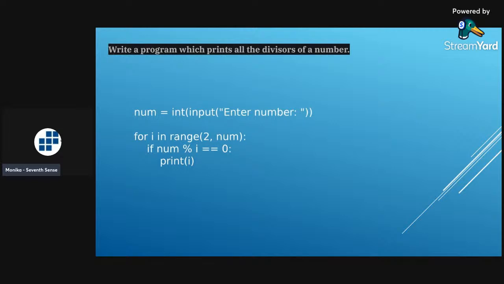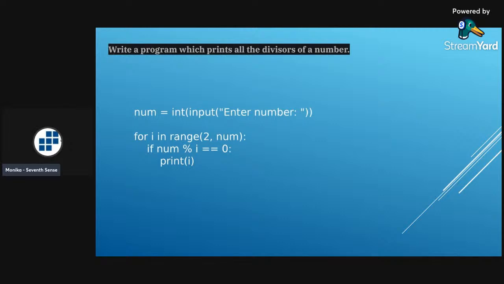Next, here we have a few examples. The first example is: write a program which prints all the divisors of a number. So what is the code we have to write? First, we have to define a number. Then we have to give the input function, that is int of input, enter the number. And what is the condition I'm giving?